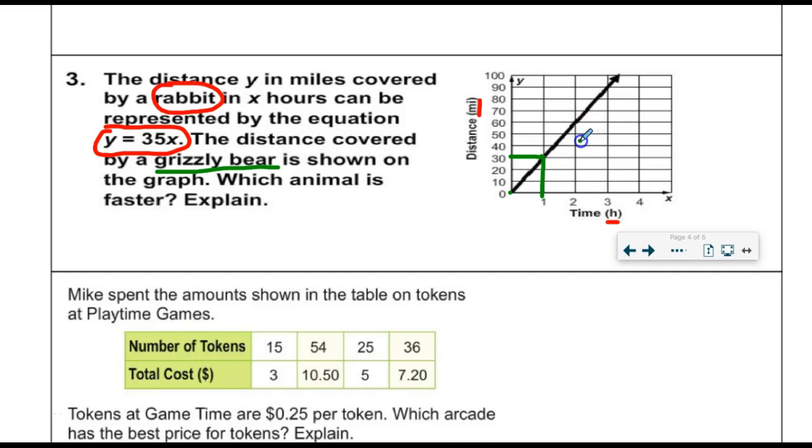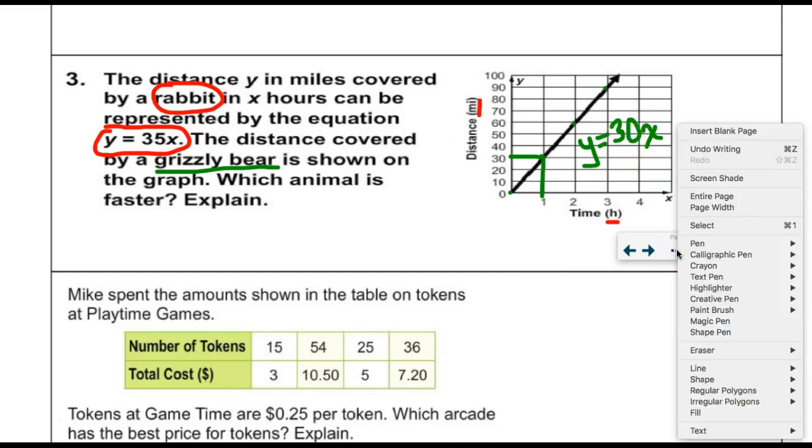That would be represented by the equation y equals 30x. In other words, I'd be willing to bet that 2 hours, 60 miles, 3 hours, 90 miles. So the grizzly bear is traveling at 30 miles per hour as compared to 35 miles per hour by the rabbit. So you tell me, which is faster, 35 miles per hour or 30 miles per hour?